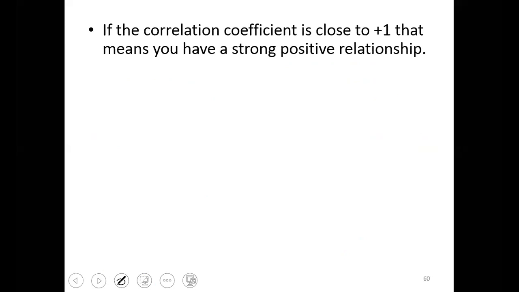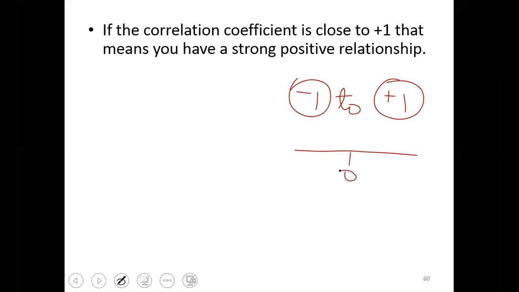This coefficient value, as I said, can be -1 to +1, right? On a scale, this is 0, this is -1, this is +1.